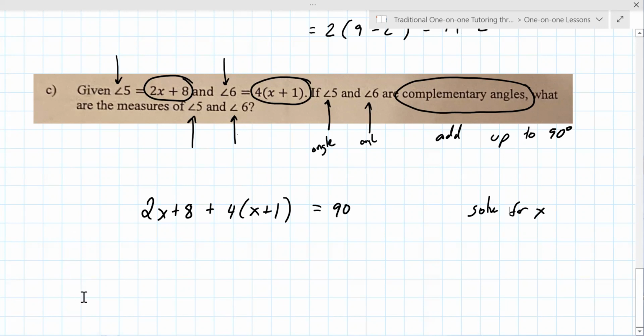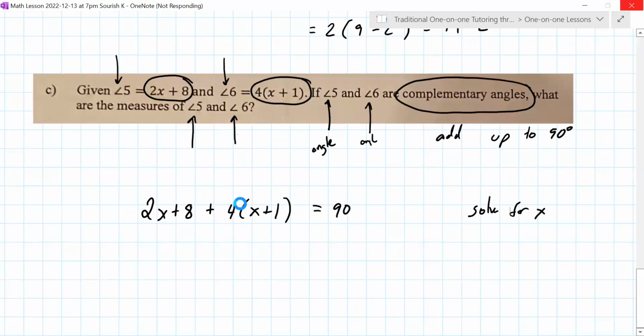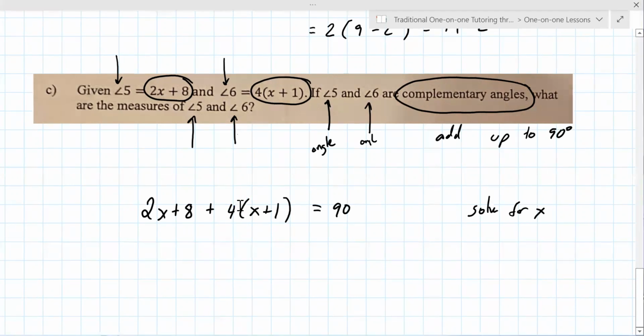Okay. Distribute the 4, right? You don't need to divide. You're just going to distribute the 4. What is the result when you distribute the 4? What about this x?